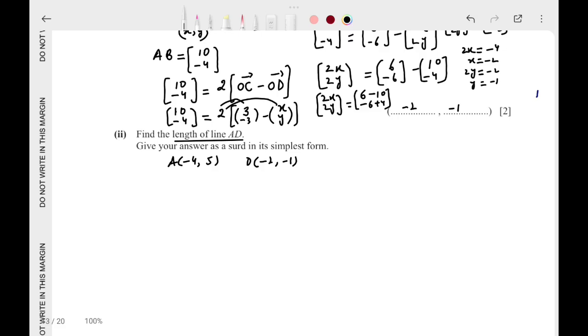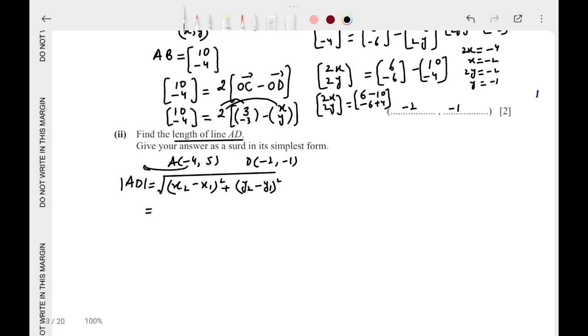So by using the distance formula, we can use d is equal to the square root of x2 minus x1 whole square plus y2 minus y1 whole square. Now we will substitute values.